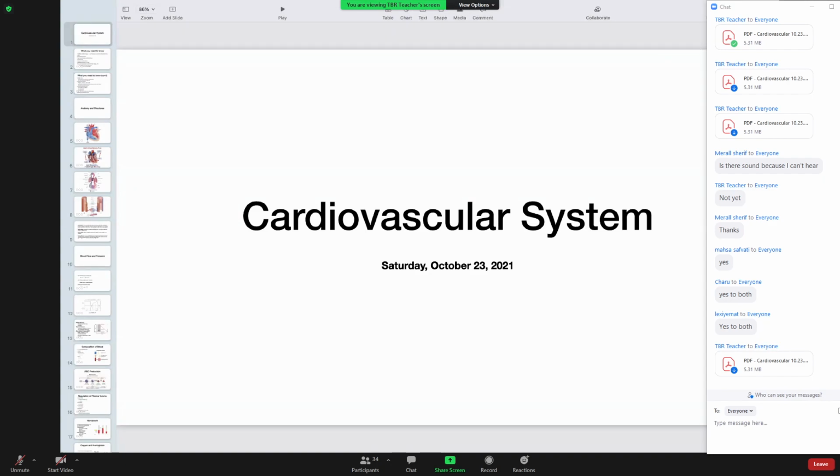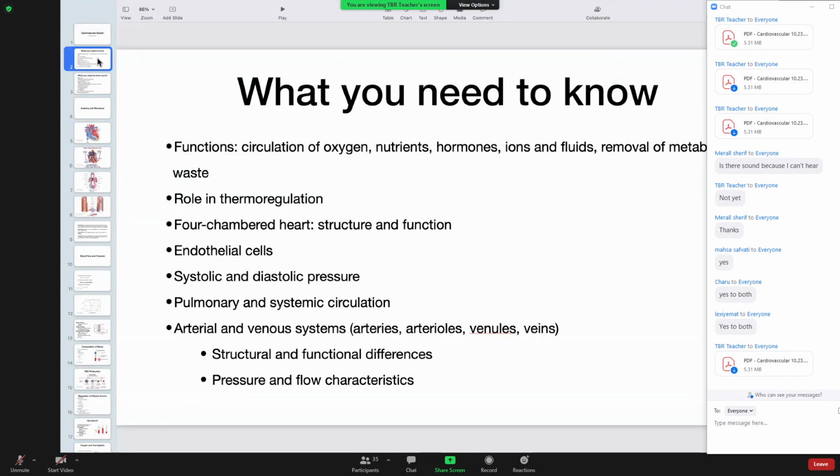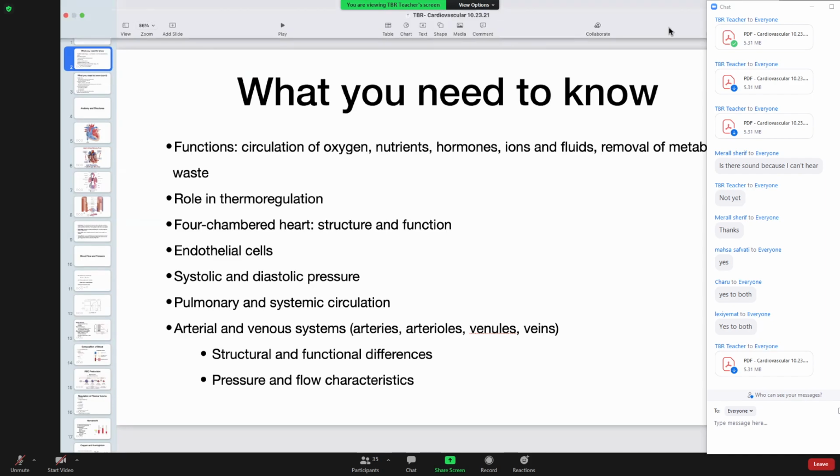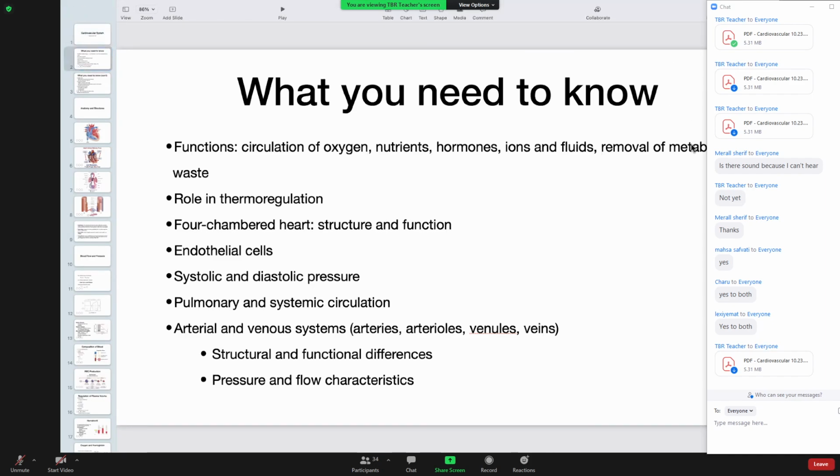Let's get going. As with every lecture, we start off with a couple of slides on what we need to know. For today, for the cardiovascular system, we need to know its functions, what it does: it circulates oxygen, nutrients, hormones, all that good stuff, and also waste so that we can get rid of that waste.